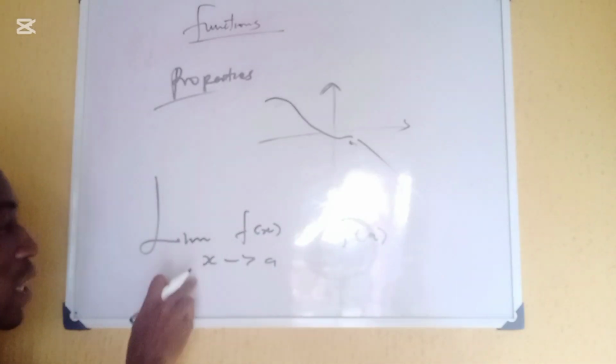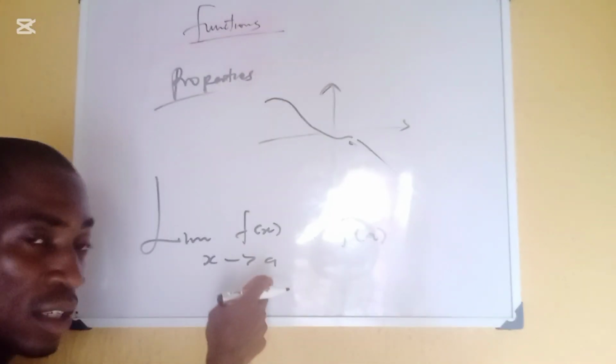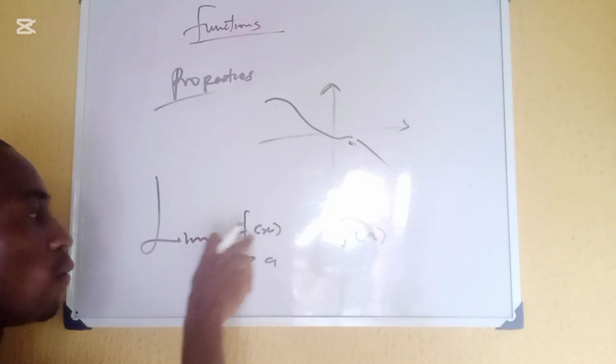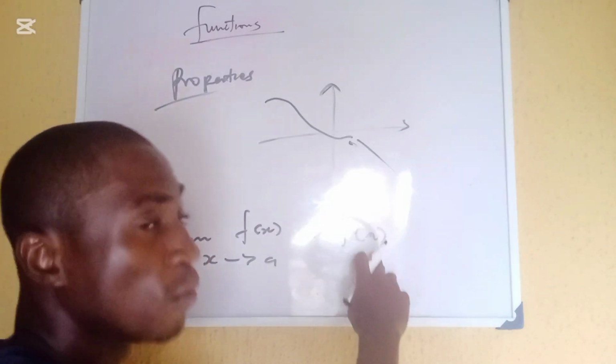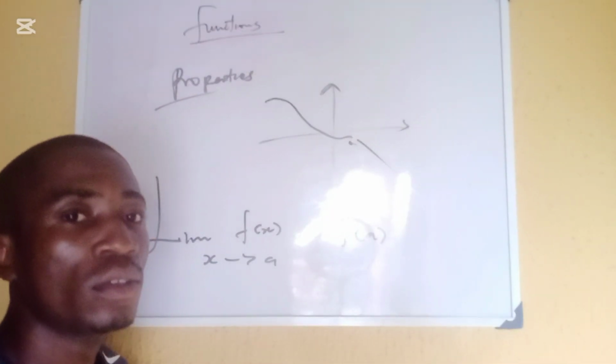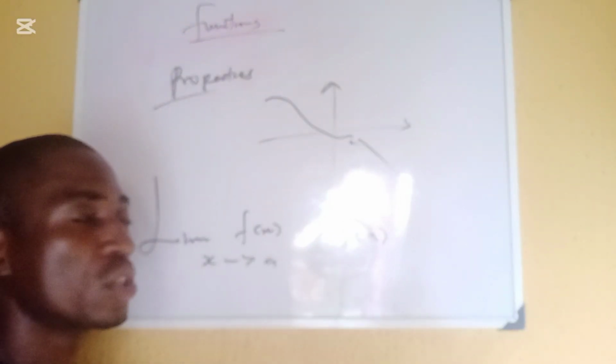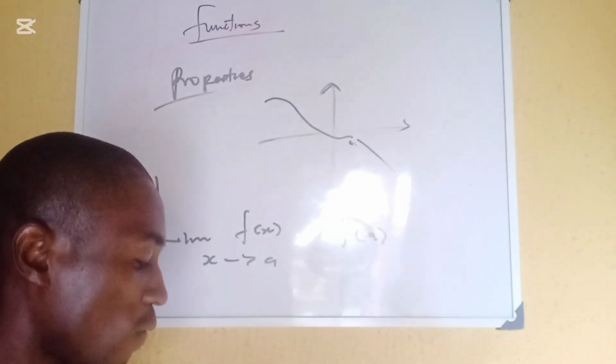Let's assume that x approaches a. That means automatically f of x should be equal to f of a. So the limit of this function should be f of a as x approaches a for a continuous function.